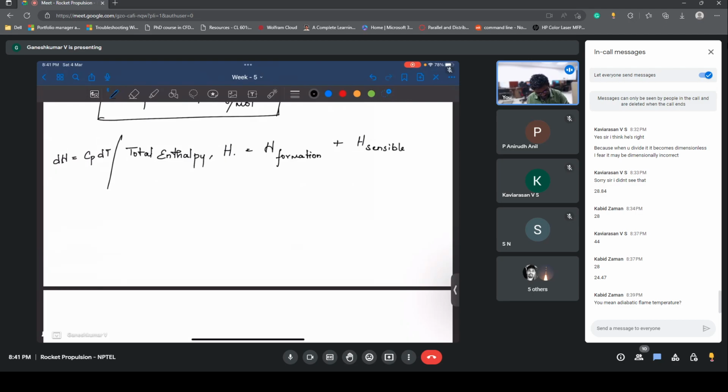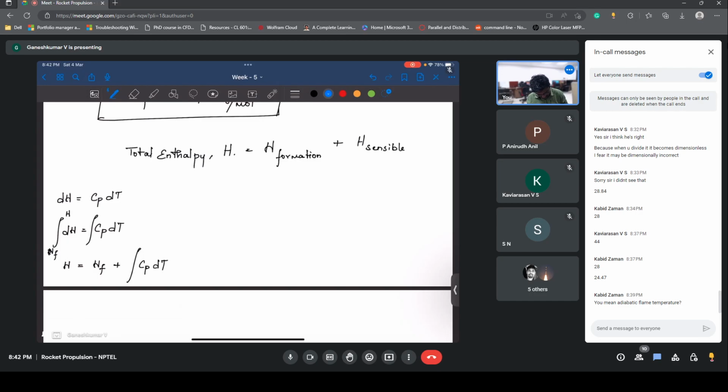Let's take this equation, dH equals Cp dT. If you integrate this equation, H becomes the integral of Cp dT. Basically, H is equal to some H of reference, which we don't know now, plus the integral of Cp dT.